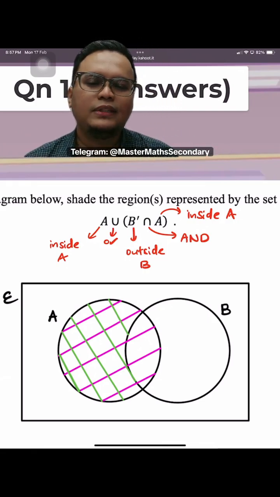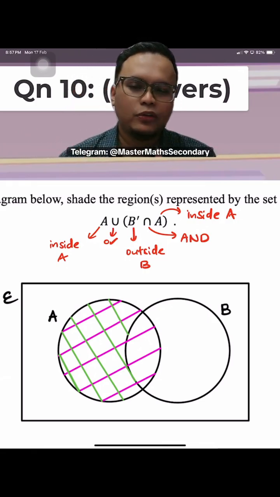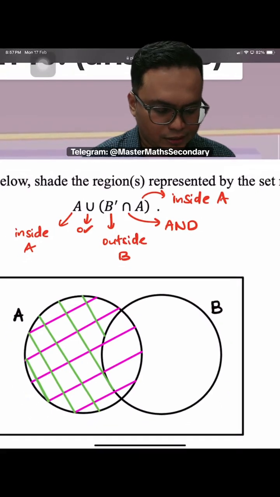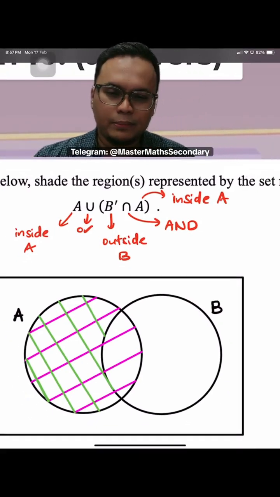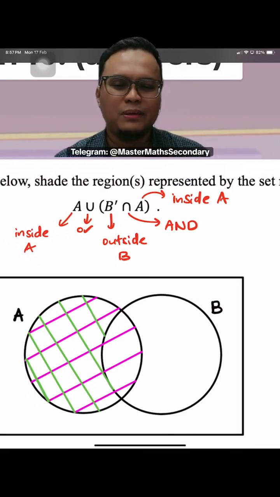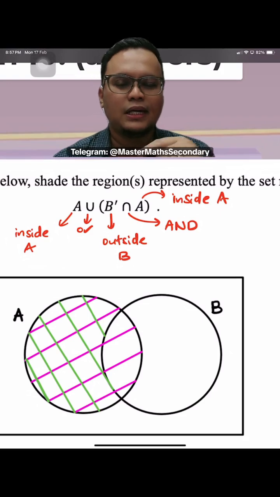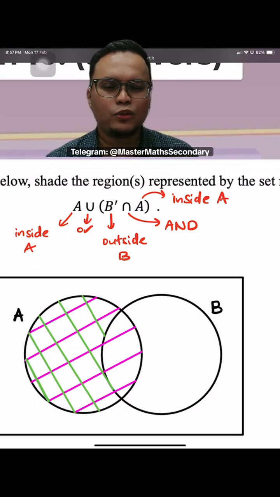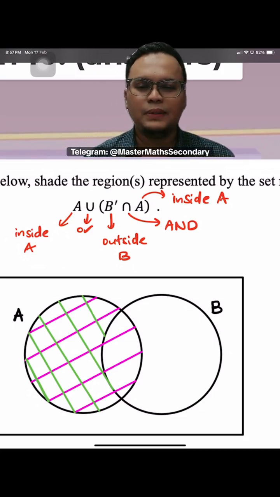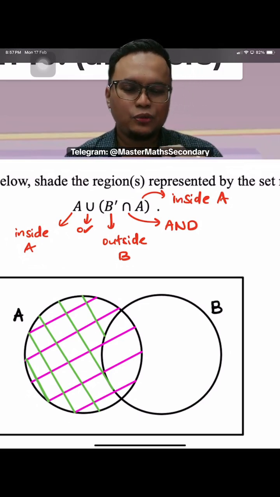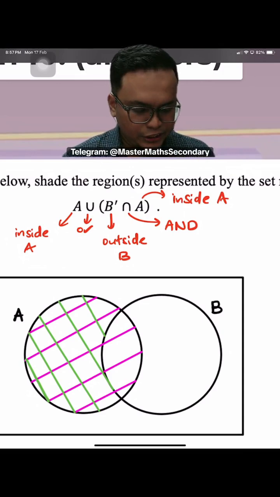Now I proceeded to move on to the next set, the one in the brackets. It says B complement intersect A. If you translate into simple English, B complement means outside of B, intersection means and, A means inside A. So we are looking at elements that are outside of B and inside of A, which means that if I were to shade this using the green one, I'm shading this part here.